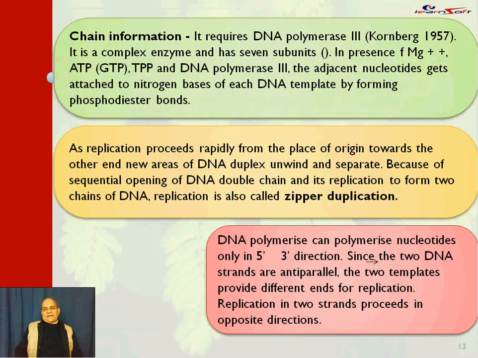DNA polymerase, as I told you earlier, can polymerize nucleotides only in the 5'3' direction. Since the two DNA strands are anti-parallel, the two templates provide different ends for the replication. So replication in the two strands proceeds in opposite directions, because in one strand it will be in the 5'3' direction, the other will be 3'5'.